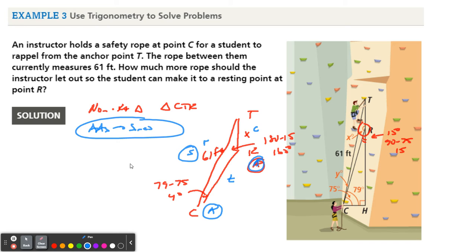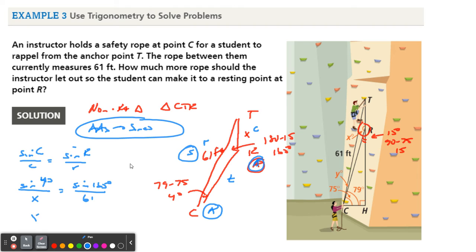So right now, I know angle C, I know angle R, and I know side R. I need to find side C. This is great. I just have to use the R's and the C's. So sine of C over C equals sine of R over R. That's sine of 4 degrees over X equals sine of 165 degrees over 61.